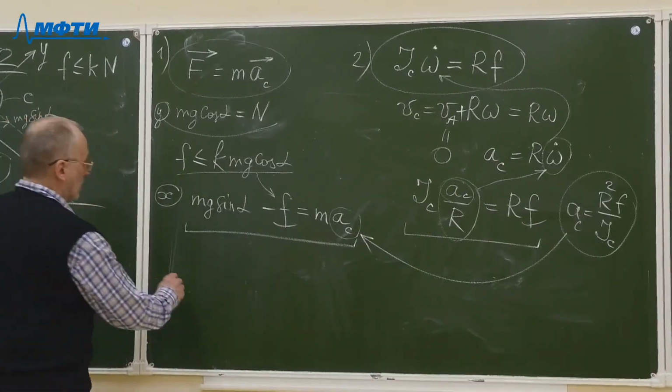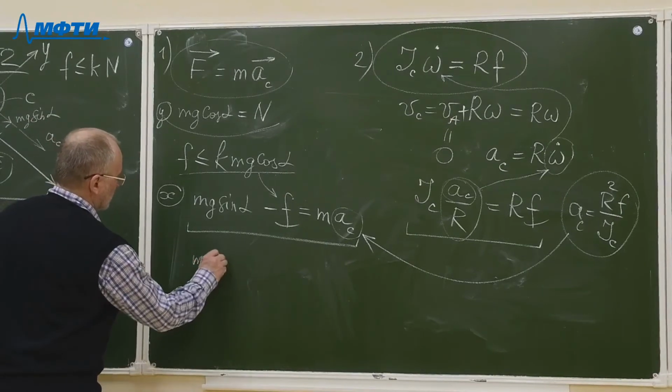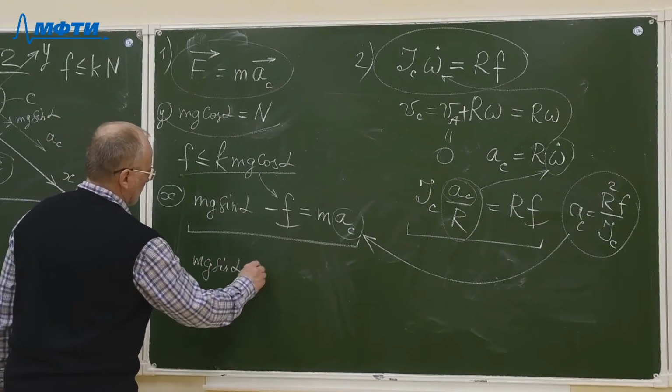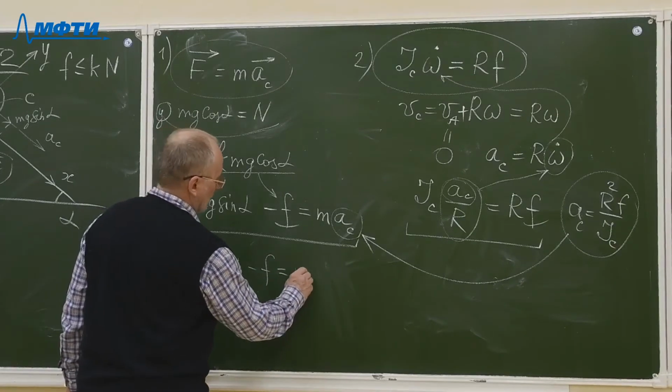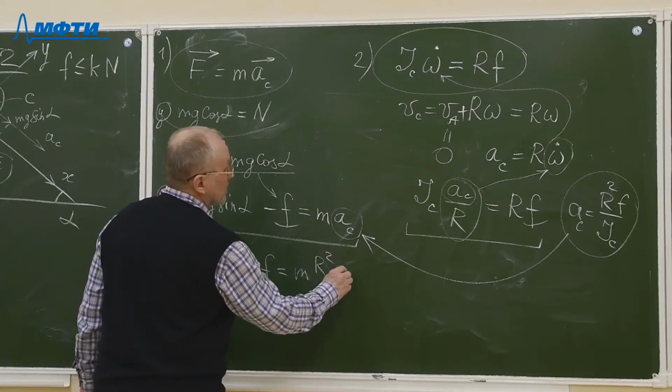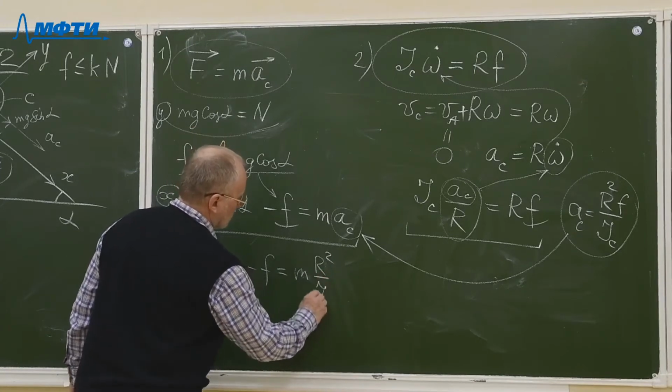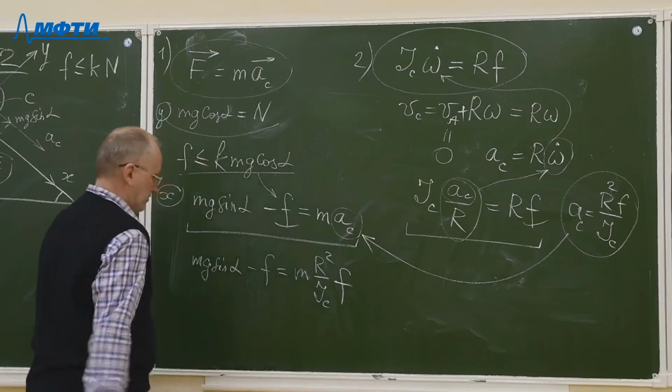Let's do it. So we will have mg sine alpha minus f equal m r squared over I_CF.